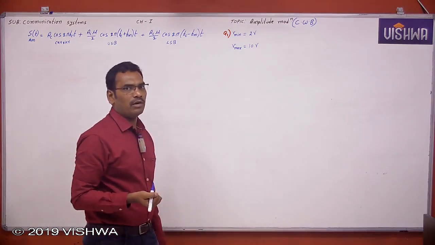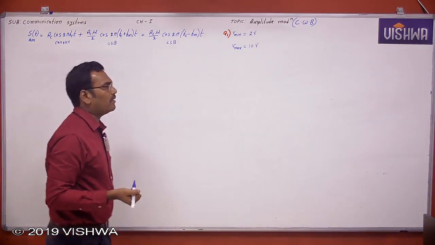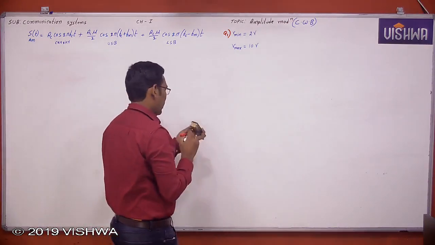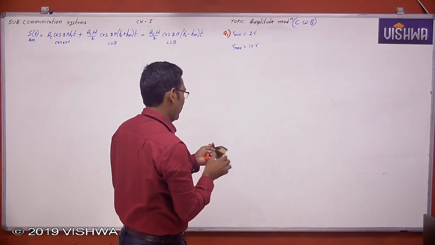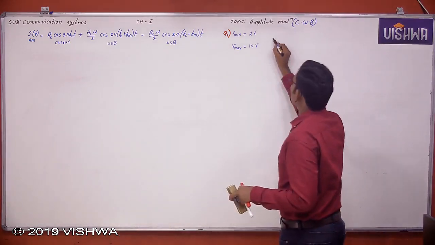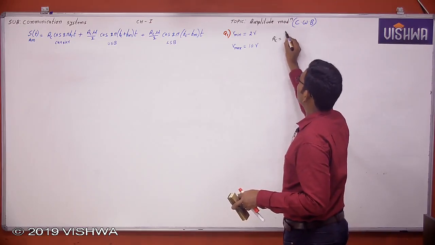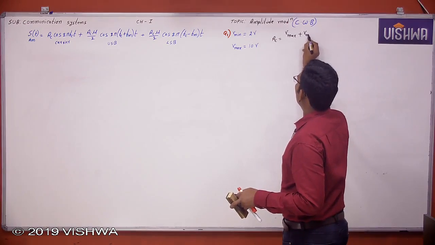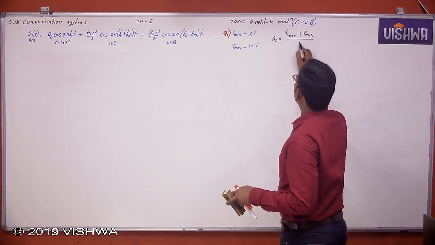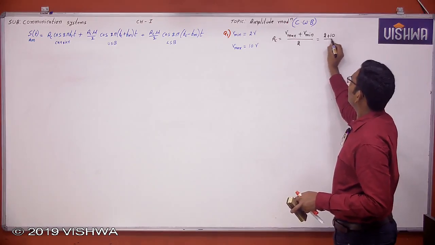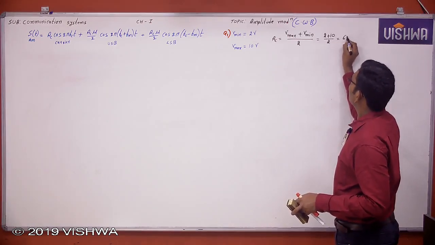The carrier power is Ac square by 2R, but Ac is not given. Only V maximum and V minimum are given. You know the formula: Ac is V maximum plus V minimum by 2, which is 2 plus 10, 12 by 2, which is equal to 6 volts.